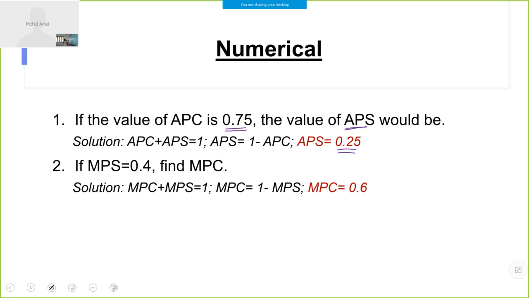Then if MPS is equal to 0.4, find MPC. MPC plus MPS is equal to 1. So MPC is equal to 0.6.